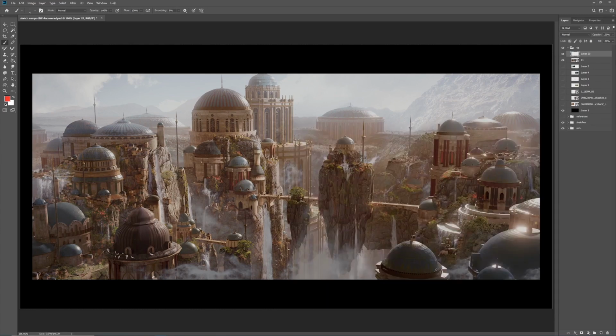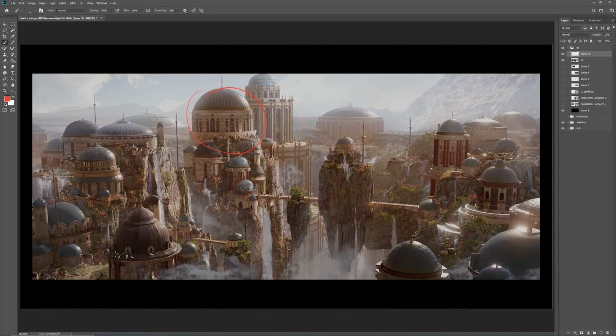So for example, here we have something like a main building. We can say that probably this is the main building in the composition, probably this one as well, but this is just on the top of this mountain, so we're just seeing the top of the building.